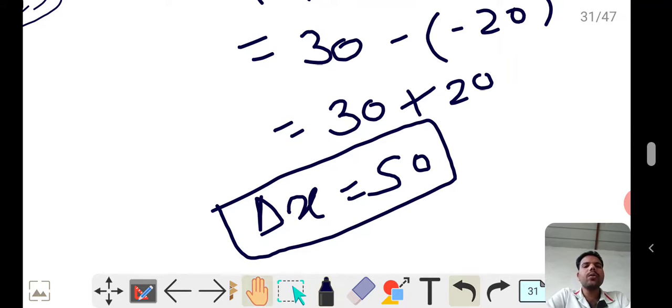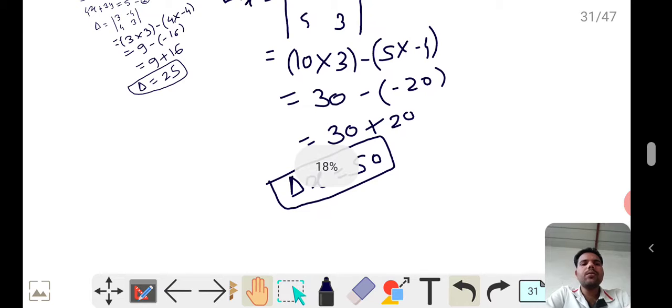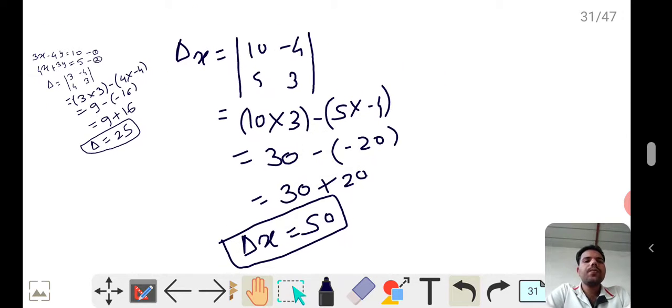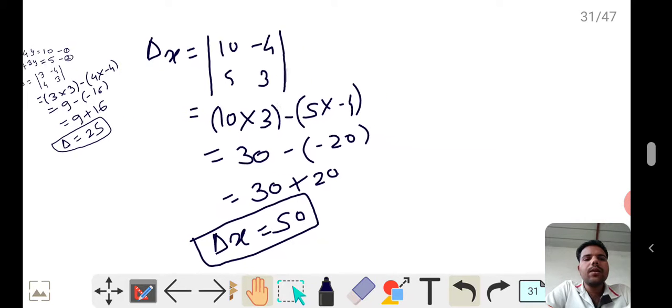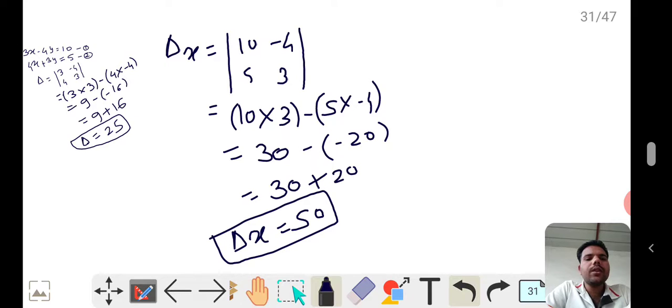Now we have to calculate the delta y value. To write the determinant for the delta y value, we have to replace the y variable by the constant.